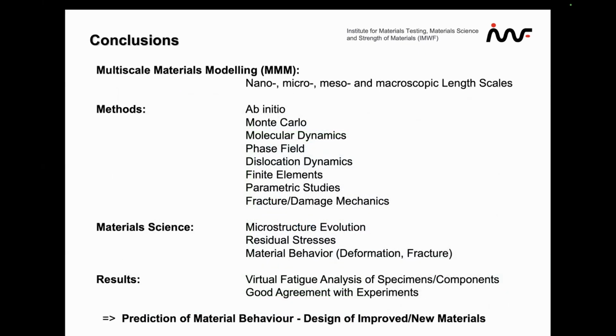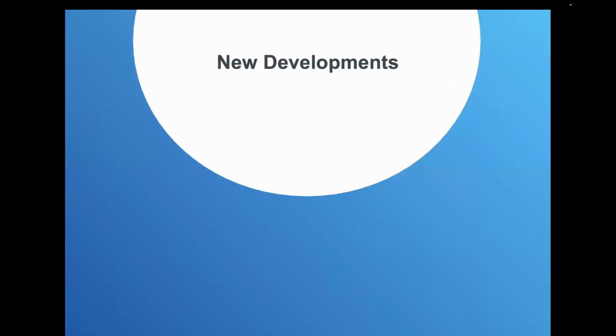And here are the conclusions. Multiscale means multiscale in the length scales, especially using many methods, deriving many material science aspects, and we can improve materials, and we can even develop new materials.